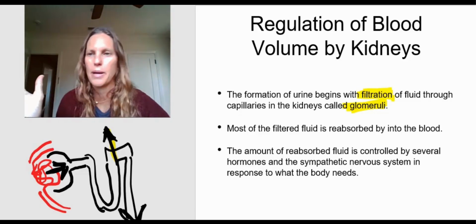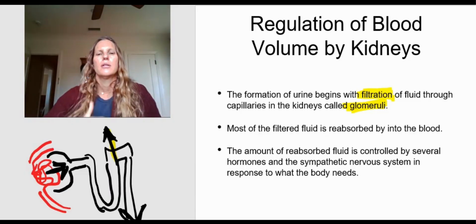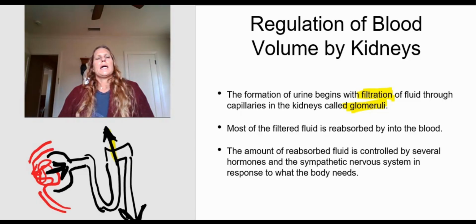And we're going to talk all about that later. That's not what we're talking about right now. So the amount of fluid that's reabsorbed is controlled by a couple hormones and the sympathetic nervous system. And it's going to be controlled depending on what the body needs.